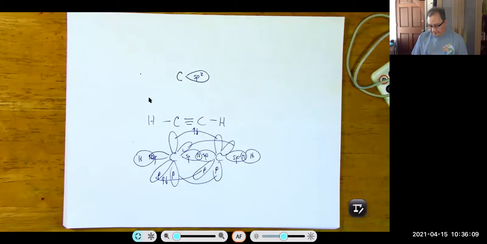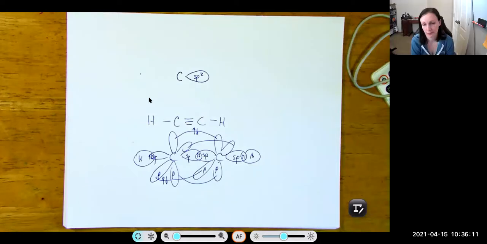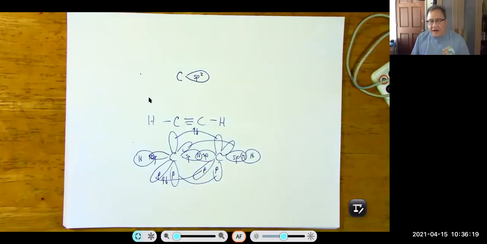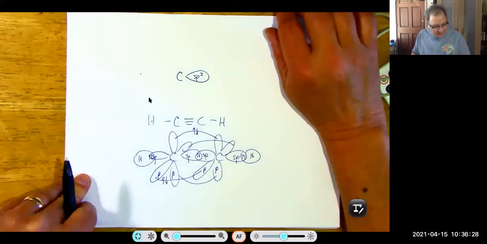So we have pi bonds if they're unhybridized p orbitals, right? That's the only way to get pi bonds, with unhybridized p orbitals.